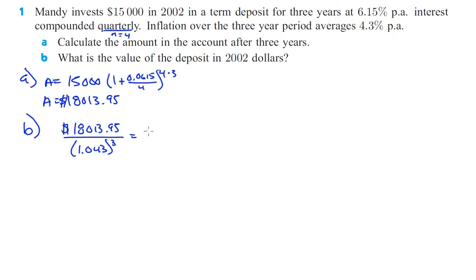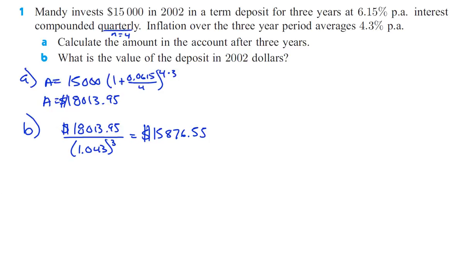So that's the value of the deposit in 2002 dollars. So basically, if you are comparing the two amounts here, she's gaining $876.55 in 2002 dollars is basically what that's getting at.